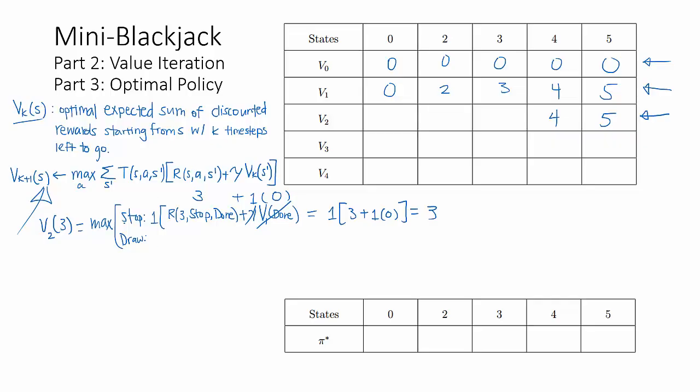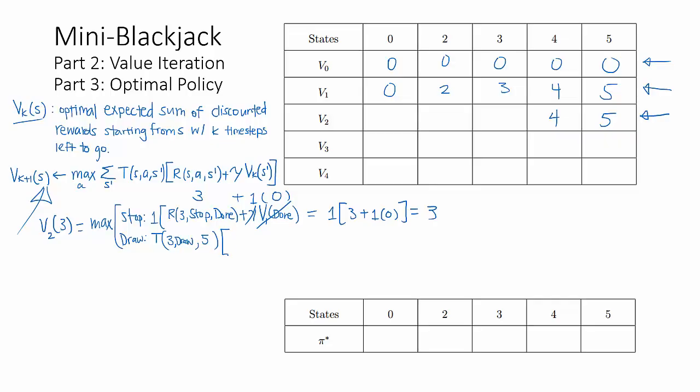Okay, so now we need to consider the value of the draw action. The successors from starting at 3 and taking the action draw are going to be 5 if you draw a 2, and the done state if you draw a 3 or 4. So we'll have 2 different terms in this sum. Let's start with the landing state of 5 first. So we want the transition probability of landing at 5 from state 3 and drawing.